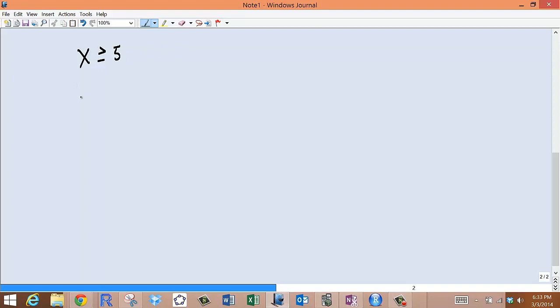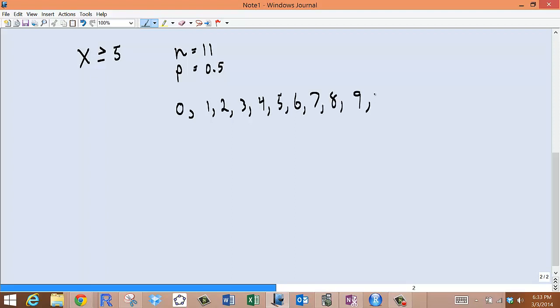But notice something here. We have n equals 11 trials, p is 0.5, and so x can range anywhere from 0, 1, 2, 3, 4, 5, 6, 7, 8, 9, 10, 11. And we want to know everything where x is greater than or equal to 5, so we want all of this probability here.